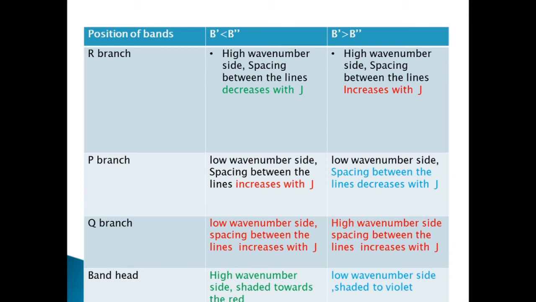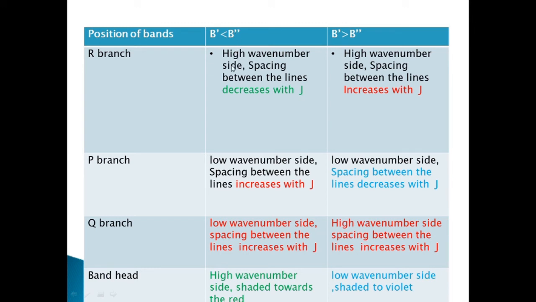Next, we are discussing the change in the position of the PQR lines with the change in the rotational constant value. In the normal case, we have seen that B prime is less than B double prime. The rotational constant of the ground state is greater than the rotational constant of the excited state.